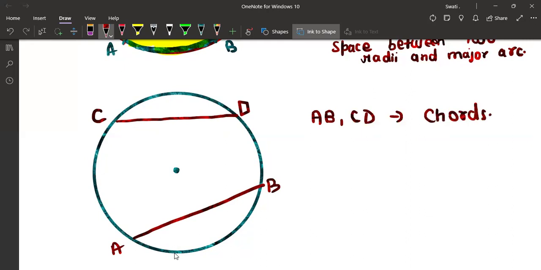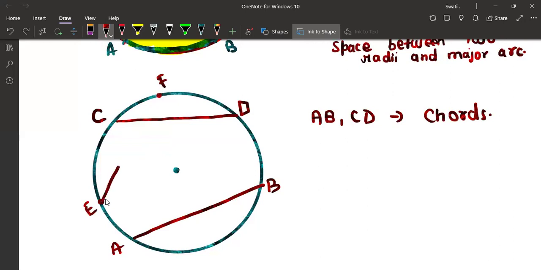So what is a chord? A chord is a line segment between any two points on the circumference of a circle. So you can draw a lot of chords, right? For example, you can take a point here, E, and a point here, F.